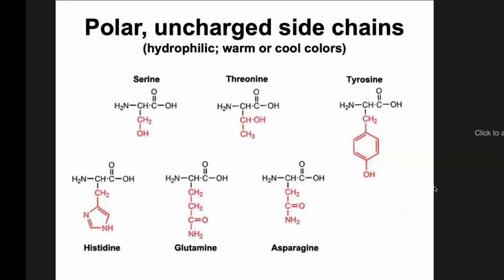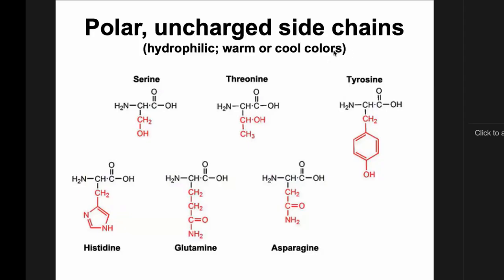There are also a bunch of amino acids where the side chain has an electrical polarity, meaning it's a little bit more positive on one side, a little bit more negative on the other side. So we call them polar, but it's not a full-blown charge. It's not a full +1 or -1, but there is still a slight electrical polarity to the side chain. These are also hydrophilic, they're attracted to water, so they tend to be attracted to the outside of the protein.